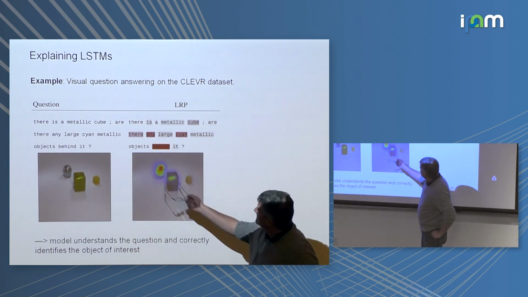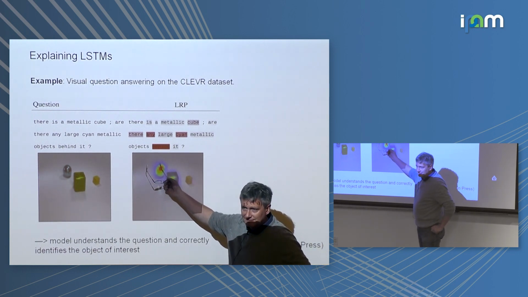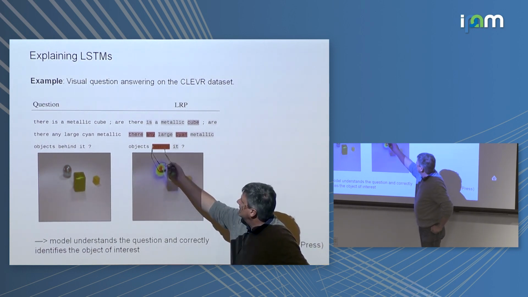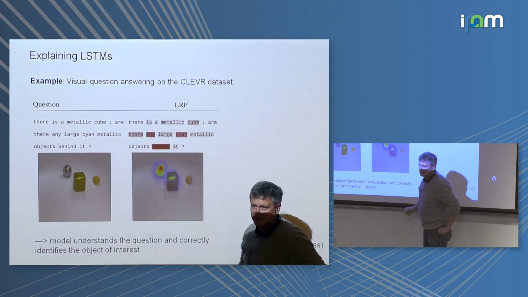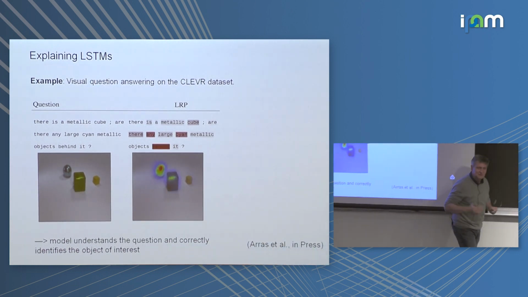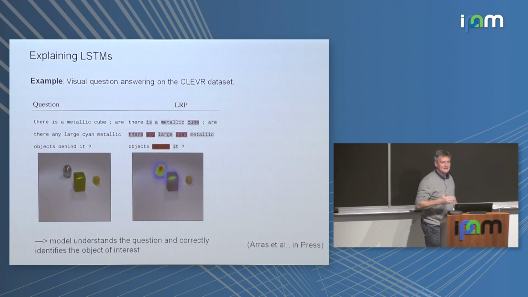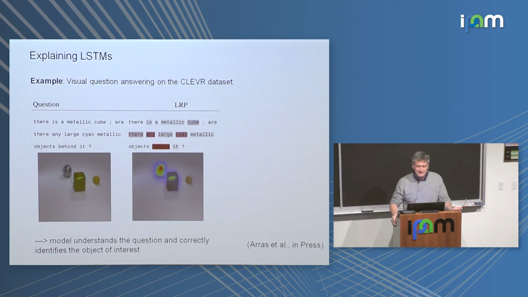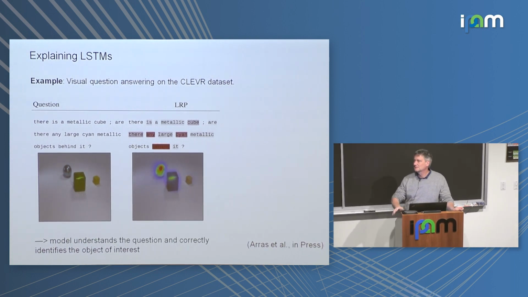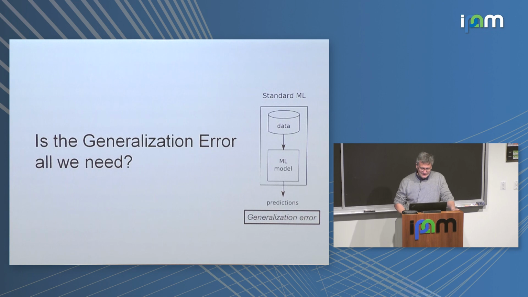The explanation tells us this is the object, and then behind is the important concept. Which is interesting because you can imagine, this is now text and images, but you could also think about all sorts of different modalities and apply this cross-modality.